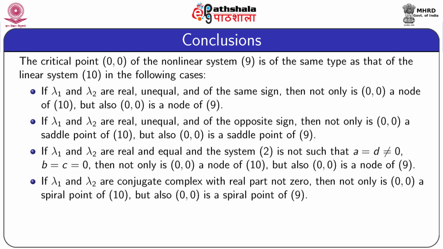The third point: if lambda 1 and lambda 2 are real and equal and the system 10 is not such that a = d ≠ 0 and b = c = 0, then not only is (0,0) a node of the linear system 10, but also a node of the nonlinear system 9.